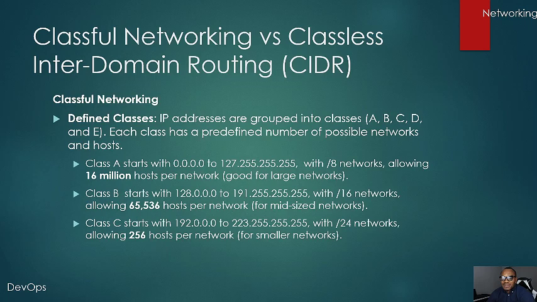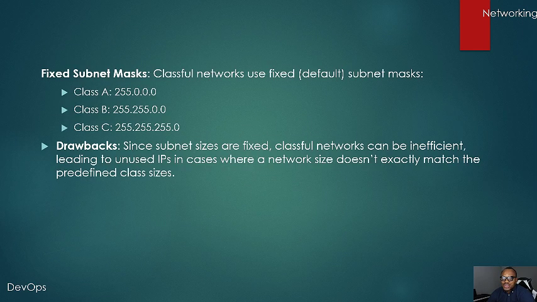Classful networking is just a situation where we are using a fixed subnet mask in our network. For your class A, you're using your /8. For your class B, you are using your /16. For your class C, you are using your /24.